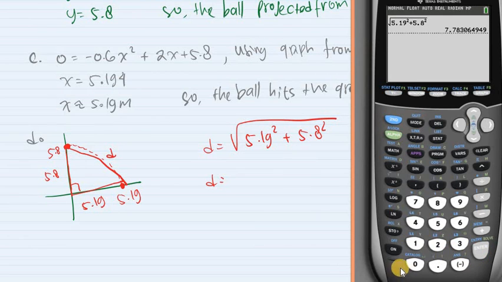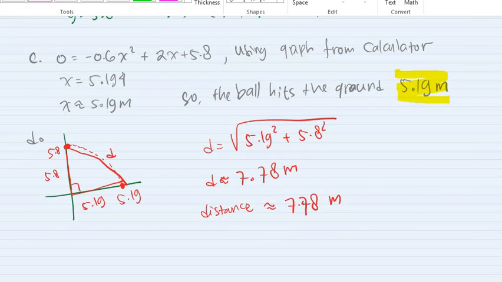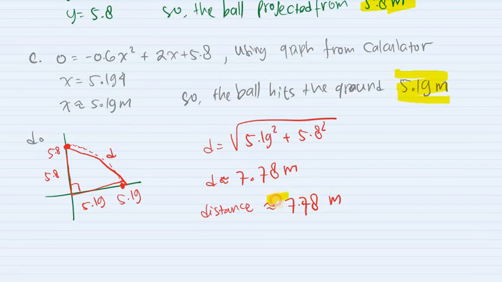Enter, we have 7.783, or approximately 7.78 meters. Okay, so the distance is approximately 7.78 meters. So that's it for this question.